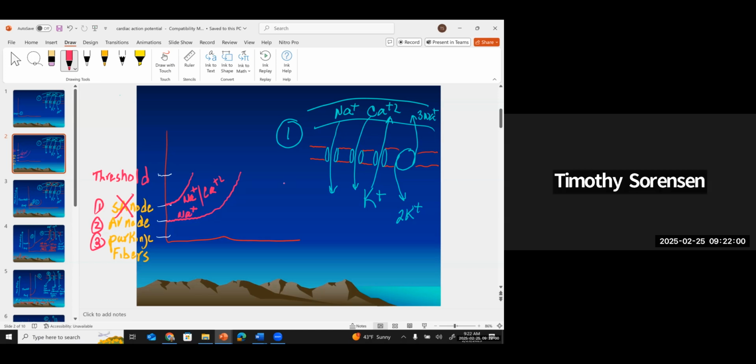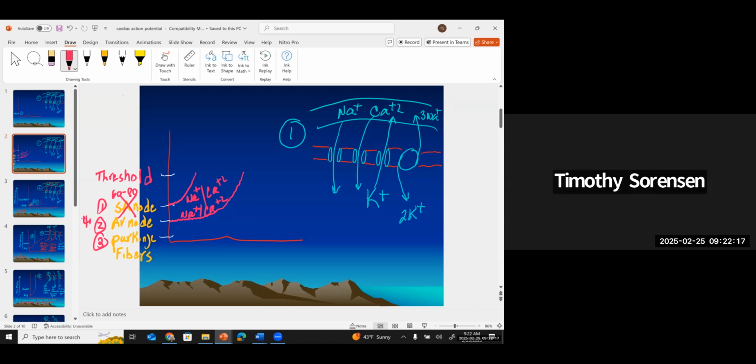And because it takes longer for sodium and calcium to leak in, that's going to drop your heart rate. That's why the intrinsic rate of the SA node is between 60 and 80. The AV node, 40 to 60, and the Purkinje fibers are 15 to 30.